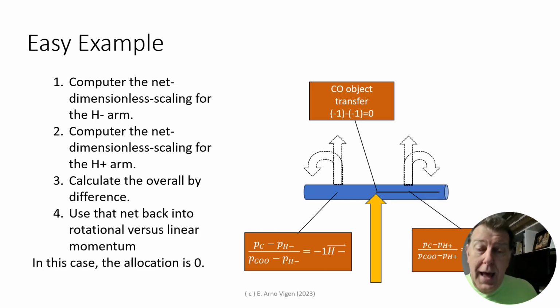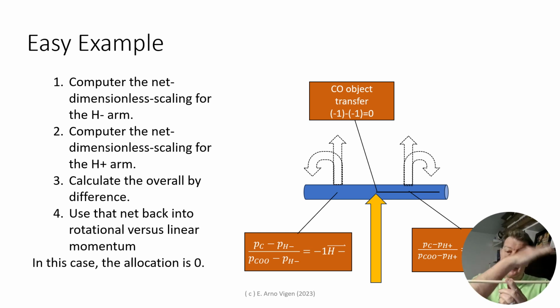So what happens if we send this right here at the center of mass? At that point, we've got the transfer of this one at -1, and this one at +1, but remember, you're doing the two halves and you reverse them, so that becomes a -1, so that's a plus.